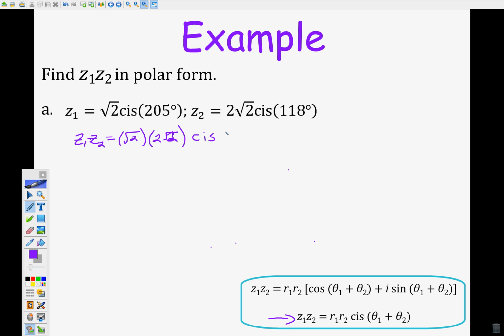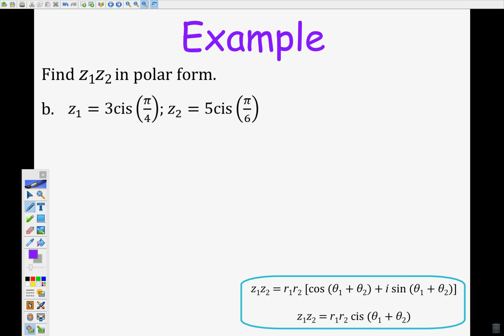Cis. And then remember, with my angles, I'm going to add them. So it's 205 plus 118. Don't forget my degree symbols here. So square root of 2 times square root of 2 is 2, 2 times 2 is 4. So I end up with 4 cis 323 degrees. And that's it, I'm done. I have multiplied my two complex numbers in polar form.